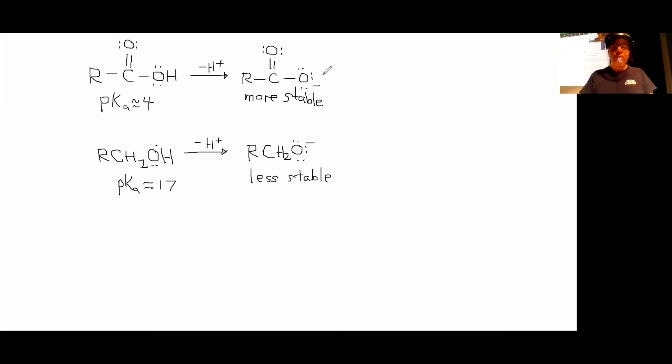And sure, we could talk about the inductive effect. You know, this carbon over here has 2 electronegative oxygen atoms sucking electron density away, and that helps to stabilize this oxygen with the minus charge, whereas this carbon has only 1 oxygen. So there are fewer stabilizing atoms attached to this carbon than attached to this one. This oxygen with a minus charge has a whole lot of electron density on it.